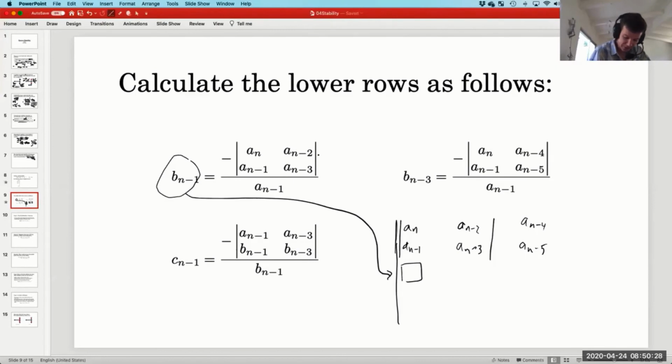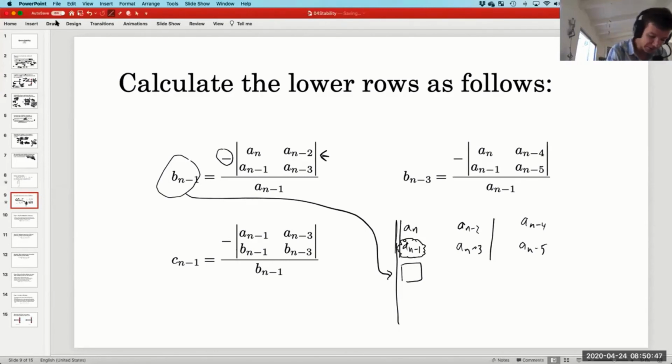So that's this determinant right here. And then just to confuse you, there has to be a negative sign outside all of these determinants. The normalization factor for all of the b row entries is this value right here, a sub n minus 1.